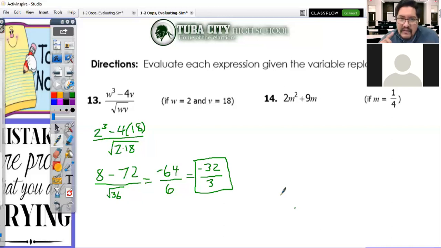All right, with this next one here, this one has a bit of a trick as well, and that is, it looks like we're going to have to use an exponent on a fraction. So m is going to be replaced with 1/4.